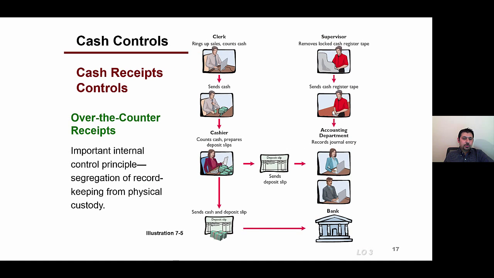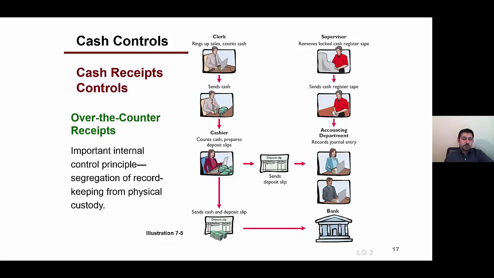Now, there are basically two kinds of cash receipt controls. The first one is over-the-counter receipts. So it depends on the way cash is received. Over-the-counter receipts is usually when the company makes a sale over the counter directly.